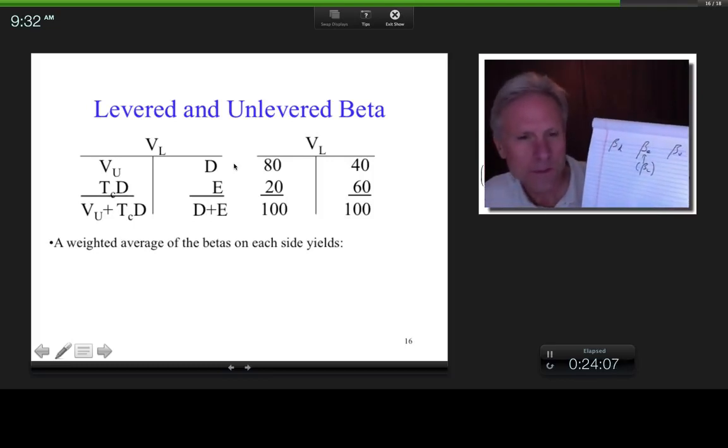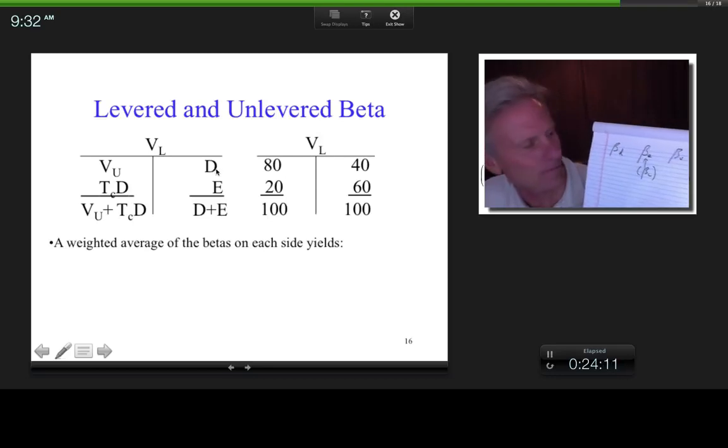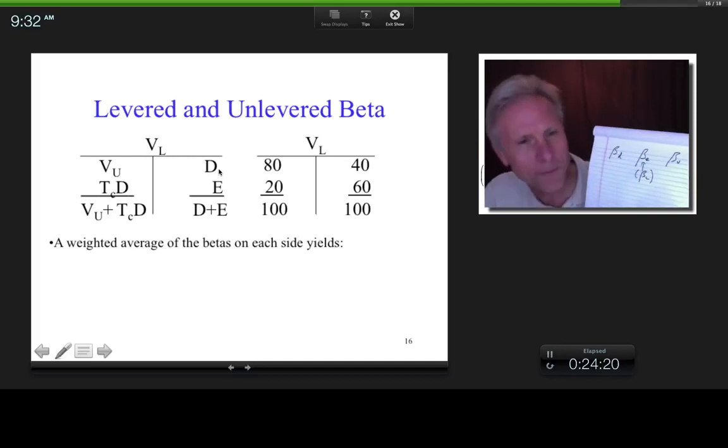What beta would apply to this guy, the D, the debt? Would that be the unlevered beta? Would that be our equity beta, or levered beta, the regular beta? Or would it be the debt beta? The debt beta, right? So we've got a debt beta associated with that guy.